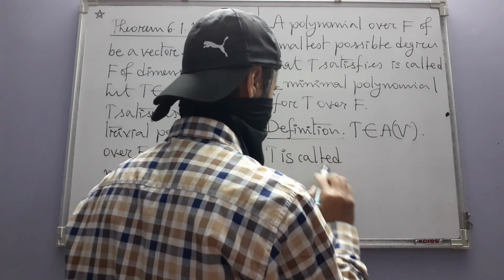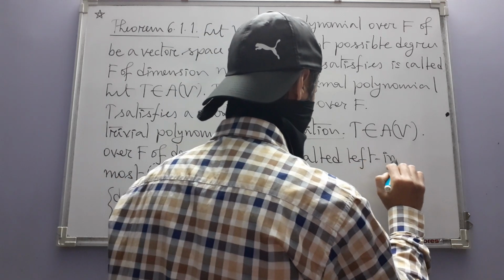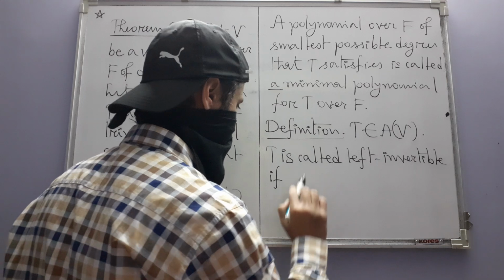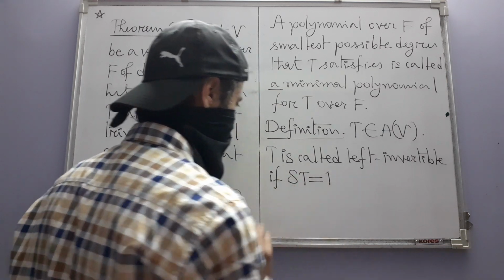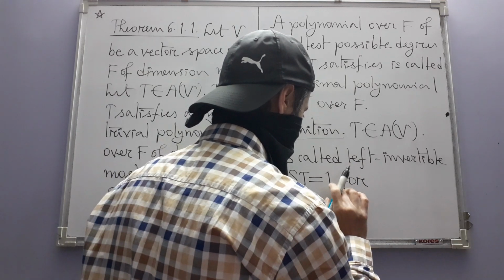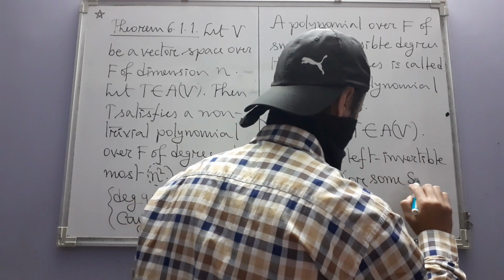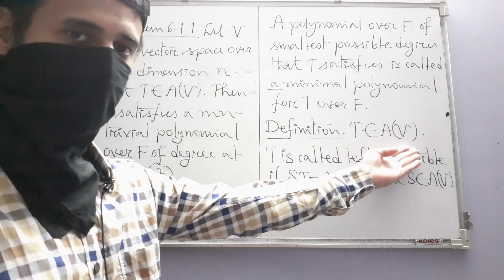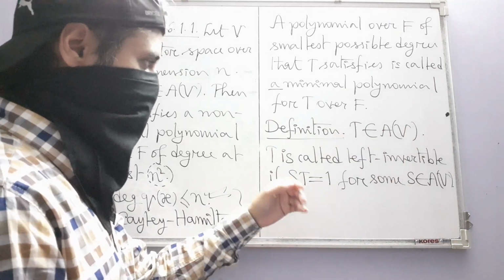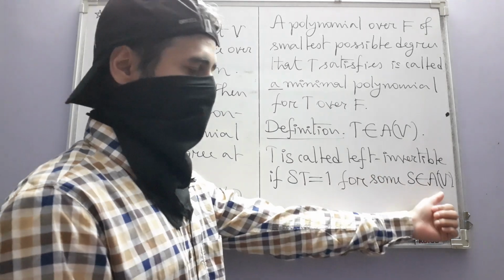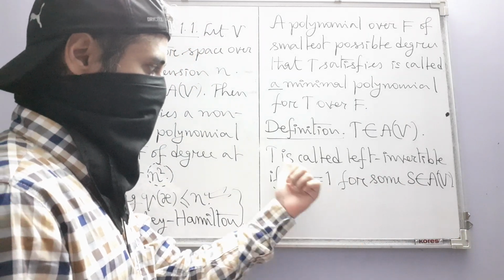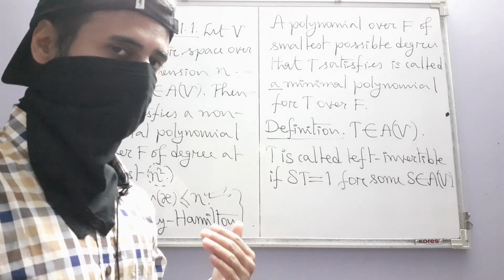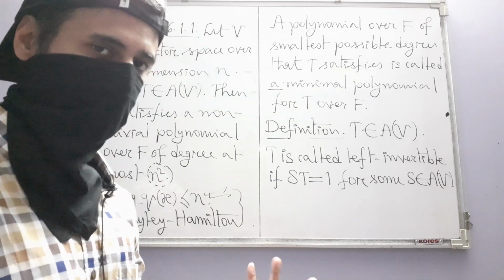T is called left invertible if ST is equal to 1 for some S again in A(V). This 1 is that unit element in A(V), that is the identity map from V to V. If you find for this T again an algebra element S such that ST is equal to 1, then T is called left invertible, and in that case S will be called a left inverse of T. Maybe there are more, who knows.